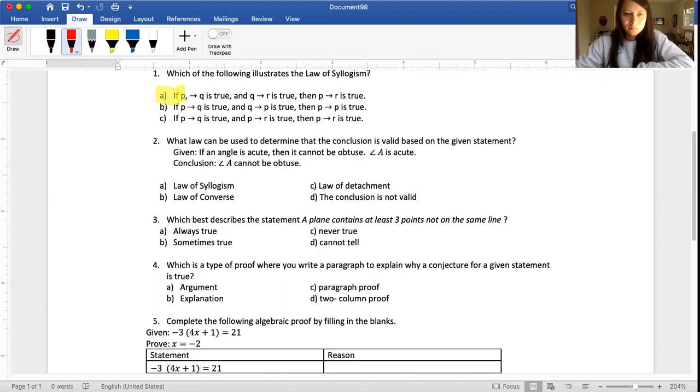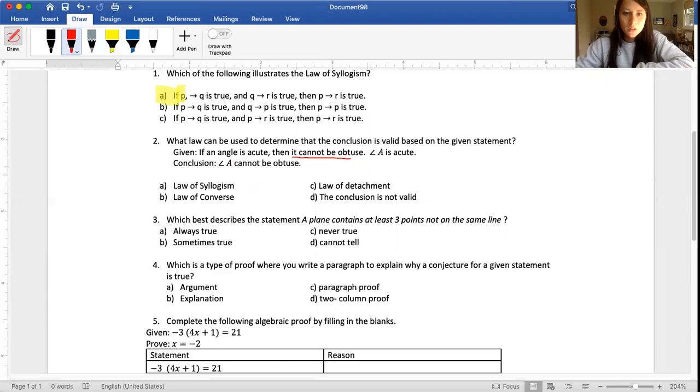If it was the law of syllogism, then we would want to see that then statement repeated as our next statement. It would be something like, if an angle is acute, then it cannot be obtuse. If an angle cannot be obtuse, then it is something else, right?